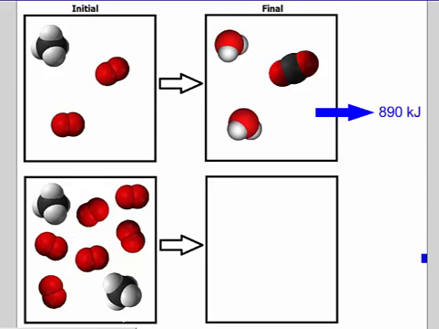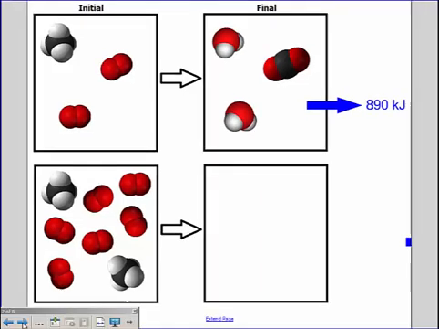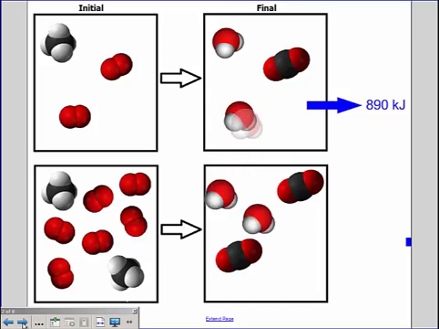This is just like if you make a batch of brownies, then you do it again with double the amount of ingredients. What happens? You get double the amount of brownies in the end, right? Same here. If we use twice as much of the reactants, we'll get twice as much product too. We'll have 2 moles of carbon dioxide formed and 4 moles of water.